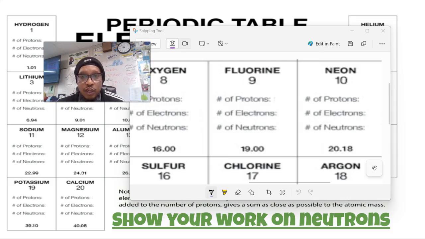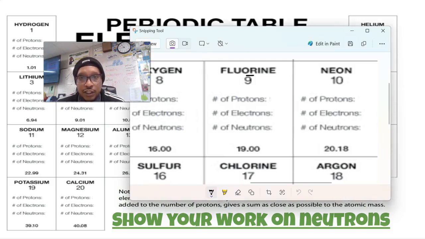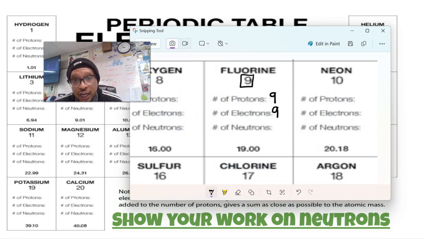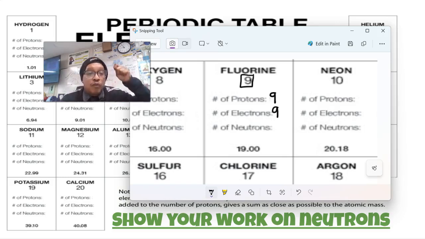So remember, the atomic number is the number of protons, so that is 9. And then these are all neutral atoms, so then the number of electrons also is 9. It has the same amount of positive protons and negative electrons. So 9 and 9, that's that. Now, how do we calculate the number of neutrons?